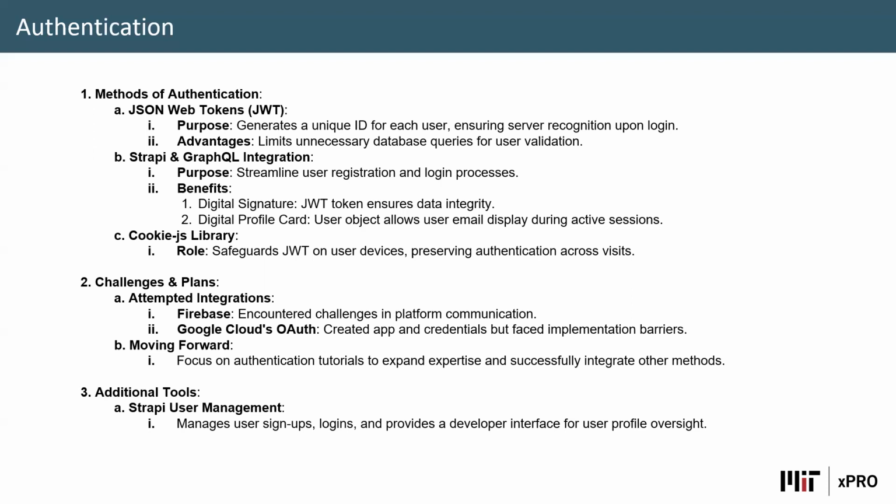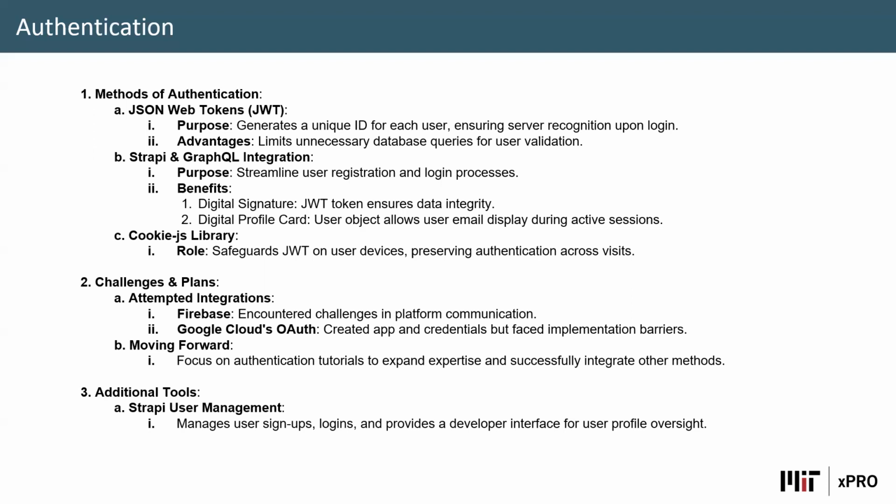Lastly, Strapi's built-in features allow for efficient user management. It handles sign-ups and logins, but also offers an interface where developers can manage the user profiles. For me, multiple attempts were made to add the additional option of authorization, either with Google or Facebook. First, I tried Firebase, but I was unable to create communication across the platforms.